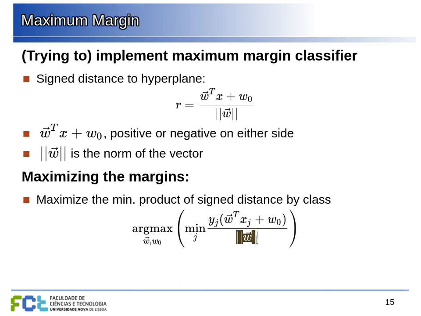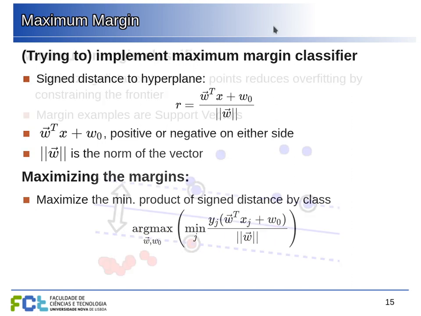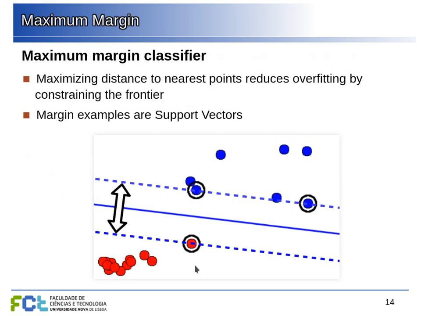This scaling factor means that we will always have a distance measure here, regardless of whether this vector is larger or smaller. But now what we want to do is to optimize these parameters so that the smallest value of this signed distance is as large as possible, because the smallest values of this signed distance correspond to the points that are closest to the margin.